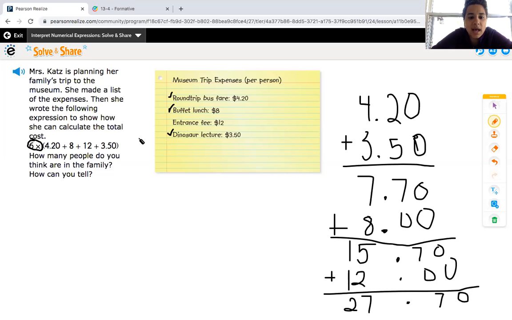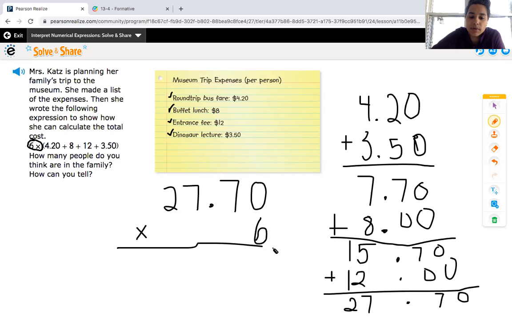So when we added up all of the expenses for one person, we got $27.70. And then last but not least, we're going to multiply it by 6 to figure out how much it would cost for 6 people to go on this museum trip.